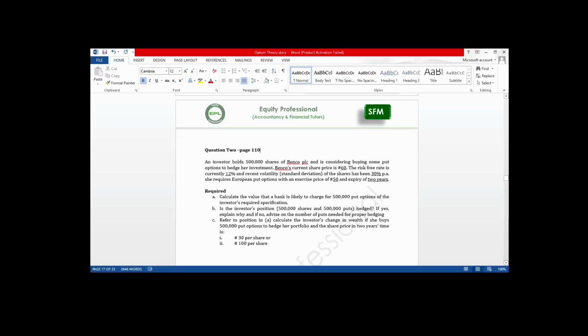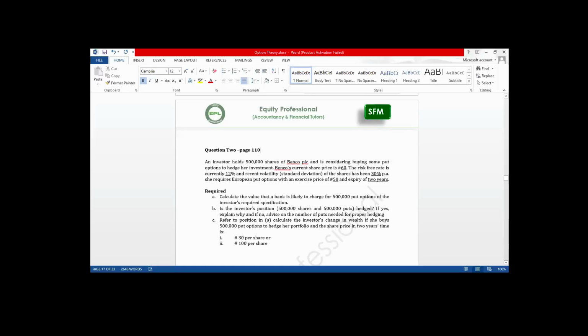In this case, unlike the question we solved last week, examiners say calculate value of put option.